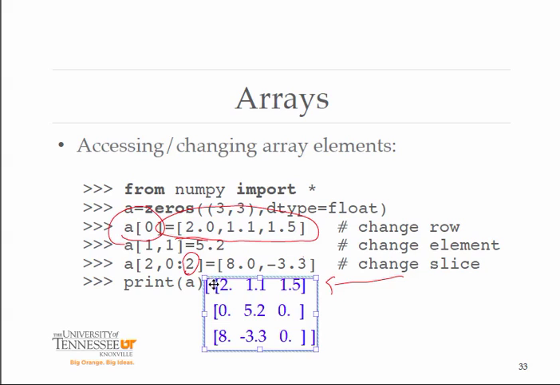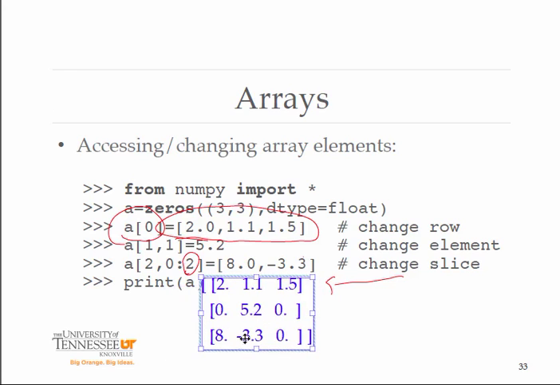It's going to take those elements from the list and overwrite the zeros that would have gone in those positions. This is exactly why you will have 8, negative 3.3, and then 0 for the last element of that row, because you've only changed the first 2 columns of that last row.